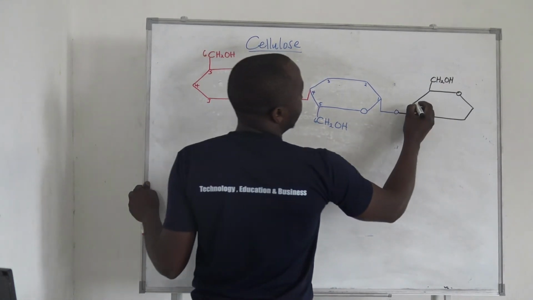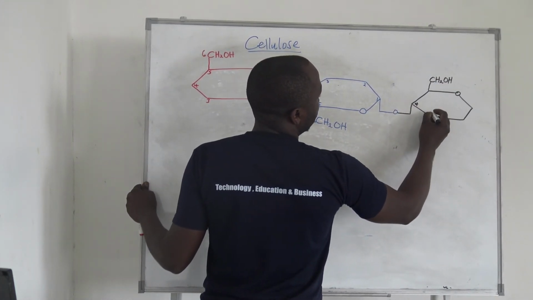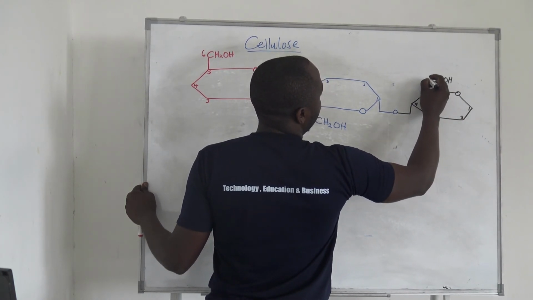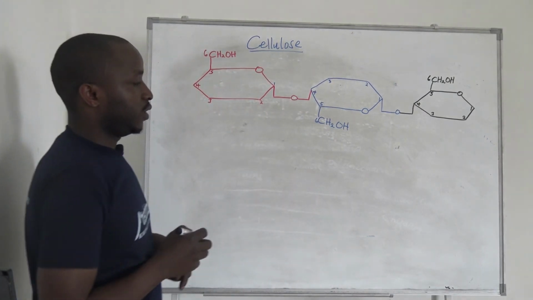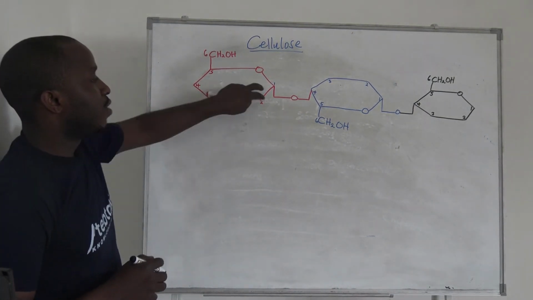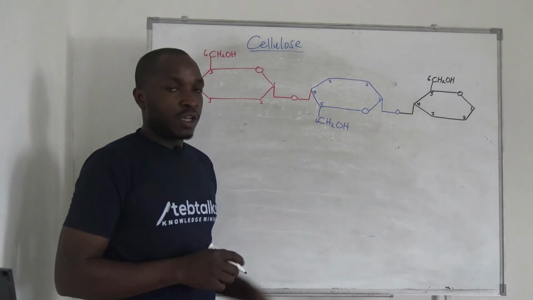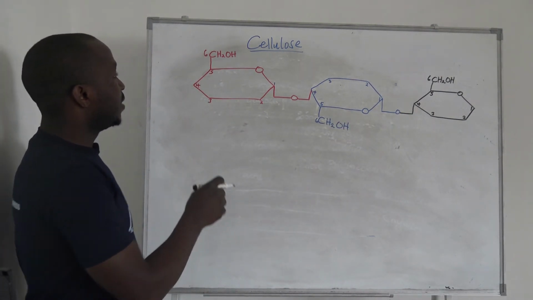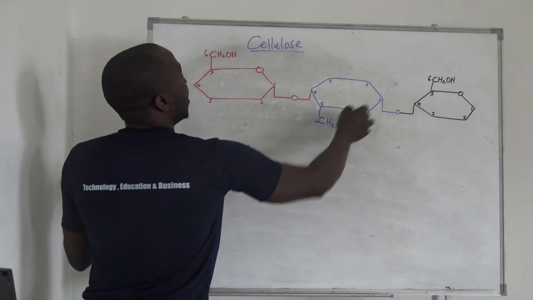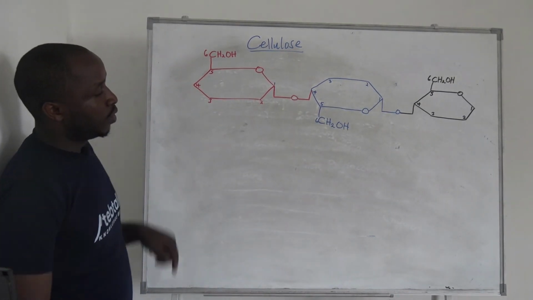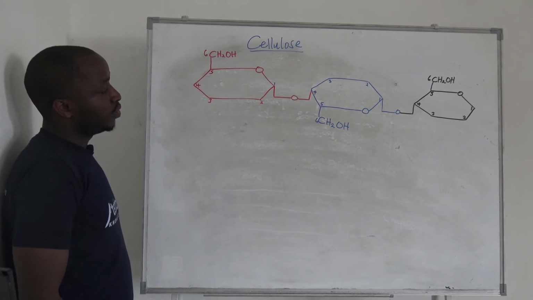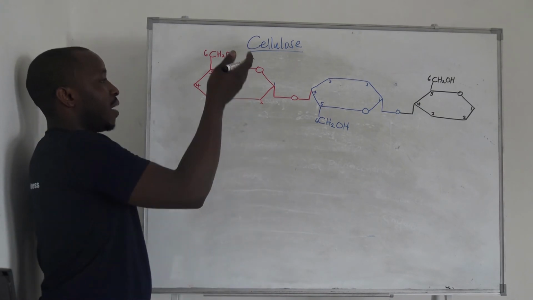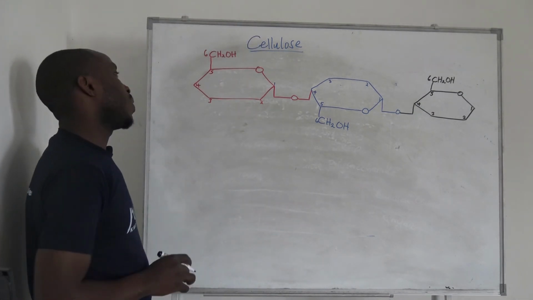So this would be carbon atom number 4, 3, 2, carbon atom number 1, number 5, carbon atom number 6. So we have a 1,4 glycosidic bond, another 1,4 glycosidic bond. That's what it consists of. So you can see this zigzag arrangement of the glucose molecules. They keep alternating. Carbon atom number 6 upwards, carbon atom number 6 downwards.